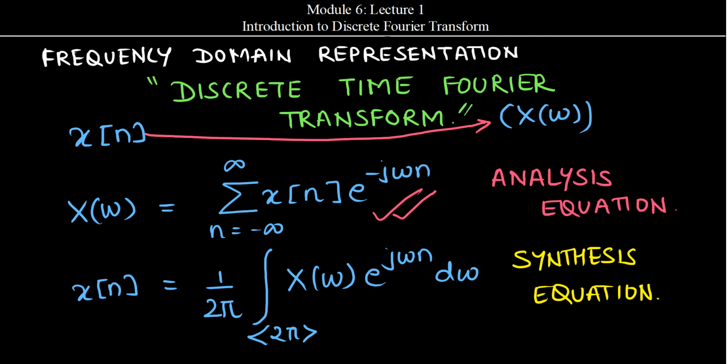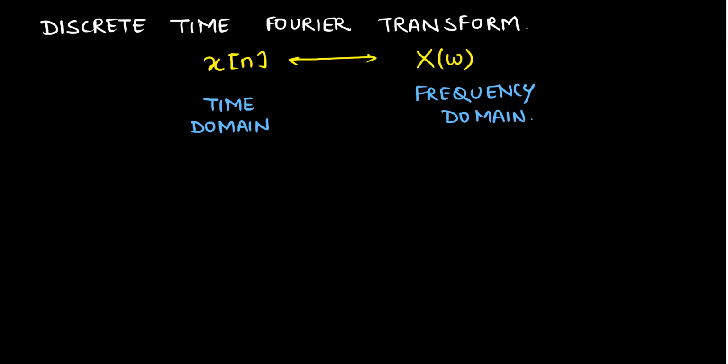So basically, we have this scenario. We have the time domain signal, that is x of n, which is converted to X of omega, that is frequency domain. Now if we consider the domain of this right hand side, it is discrete. So we have this n as discrete.